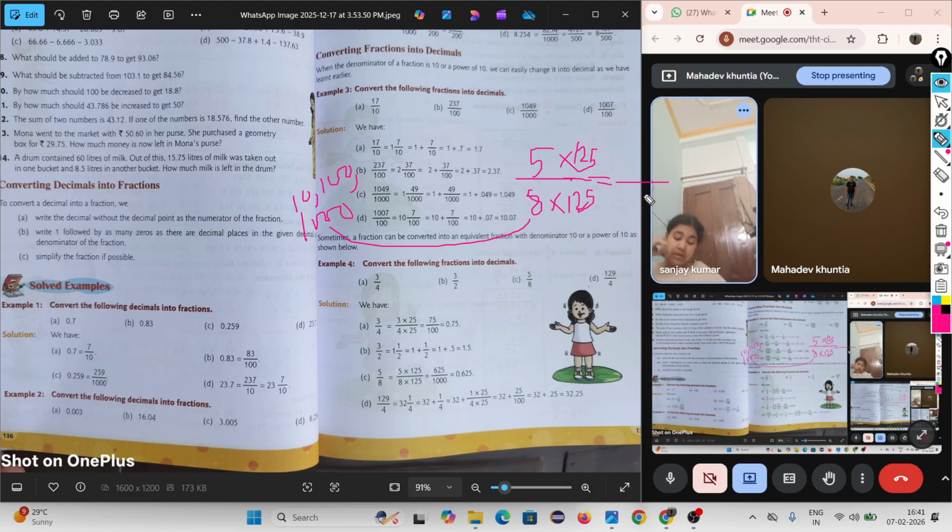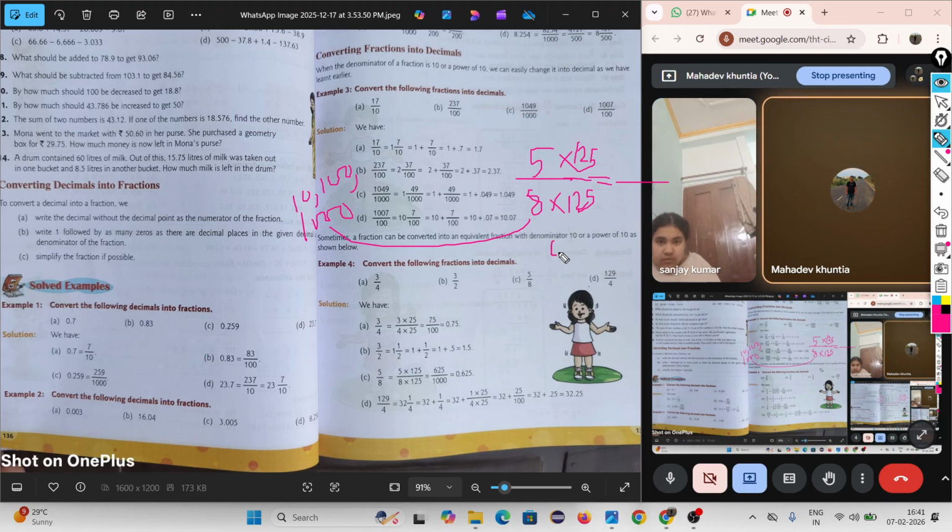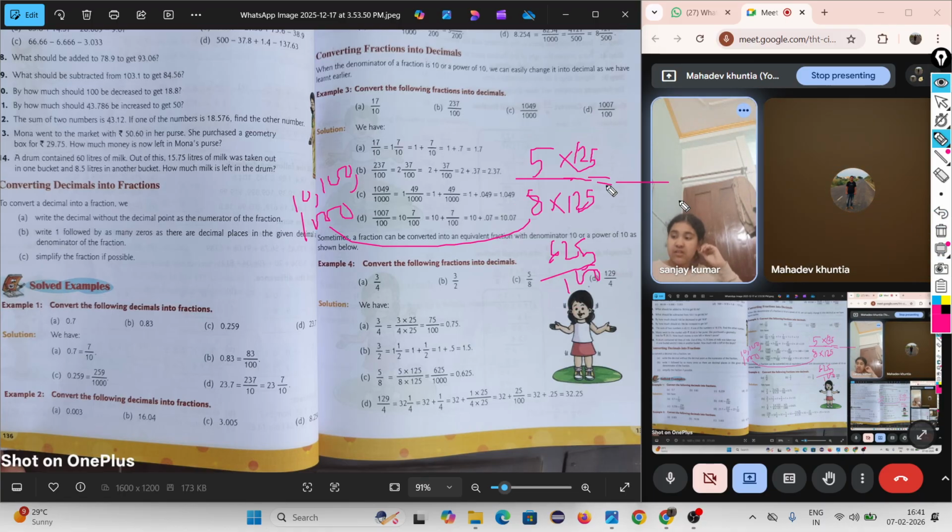The answer is 0.625. It becomes 625 upon 1000, and you know how to convert it. Do you understand?